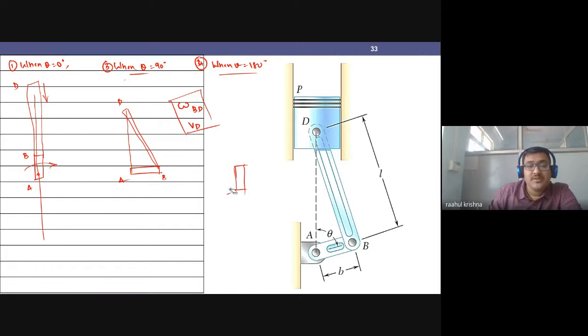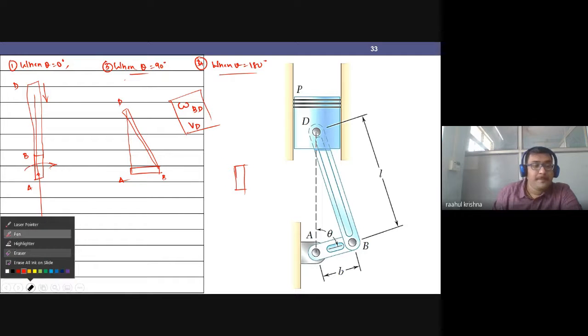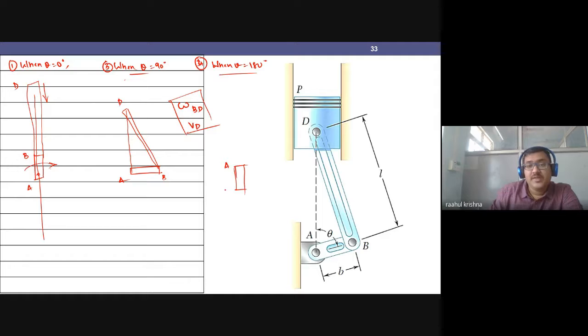A point is fixed. A will be here itself, B will be coming here. For 180, which means completely down, point B will be here. Right? Then from here I will be starting for D. Then my position D will be coming like this.